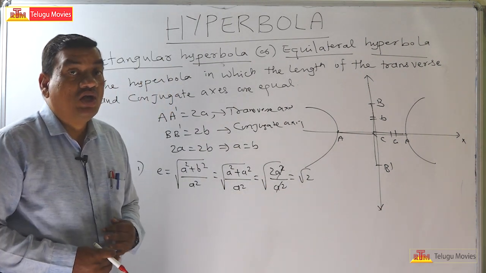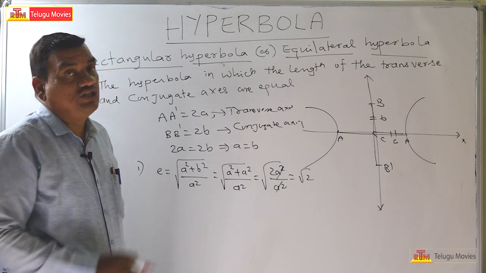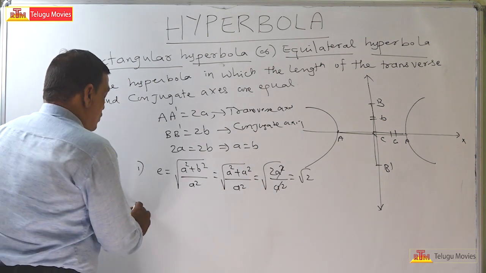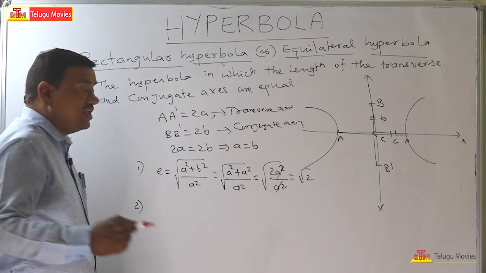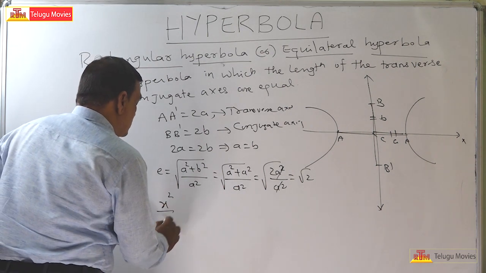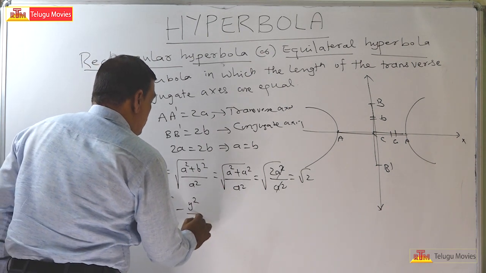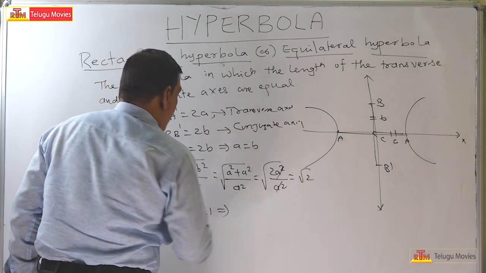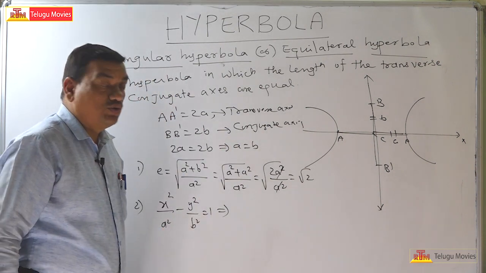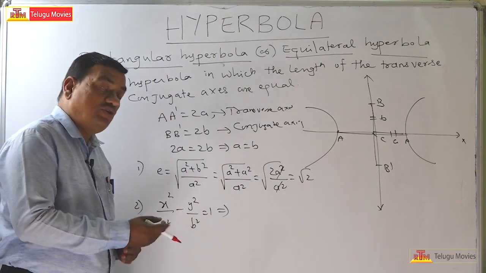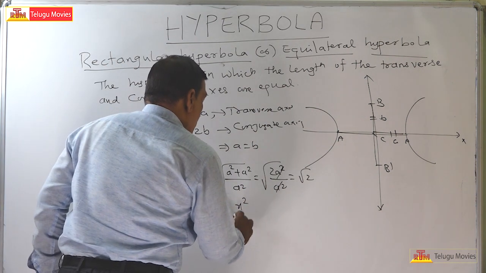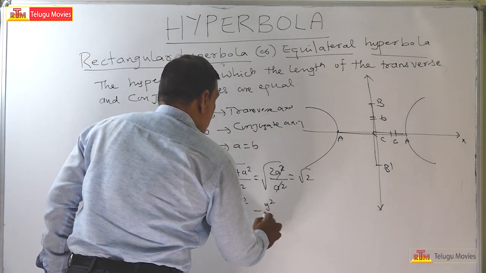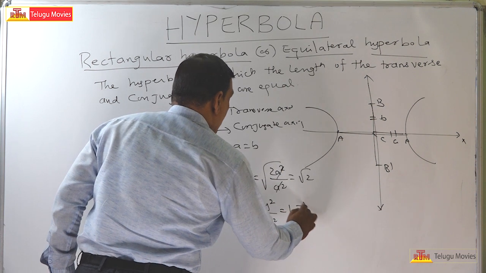That is over. Now let us see the equation of the rectangular hyperbola. The equation of the hyperbola is x square by a square minus y square by b square is equal to 1. Since A is equal to B, in place of B substitute A. So x square by a square minus y square by a square is equal to 1.